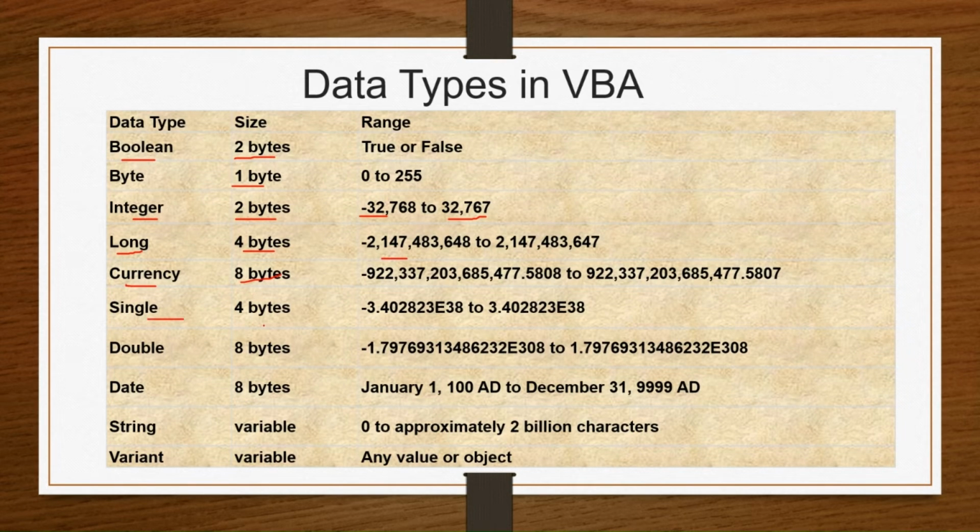Currency 8 bytes, Single 4 bytes, and Double, which stores float values. Float means decimal values like 2.6, 2.5 and so on. Date contains 8 bytes. String contains text, just like a welcome message, right? So it contains variable length and 2 billion characters is the range. And Variant is the default data type in VBA.